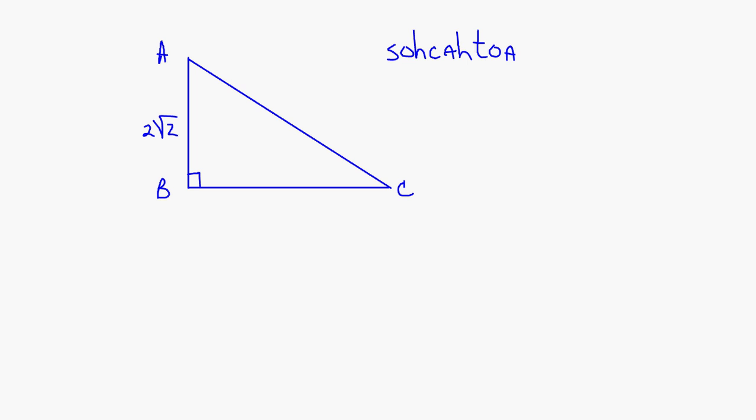Side BC is 2 square root of 6. And the hypotenuse is 4 radical 2. All right, let's do sine, cosine, and tangent of angle C. So the sine of C is going to be equal to opposite, 2 square root of 2, over hypotenuse, 4 square root of 2.